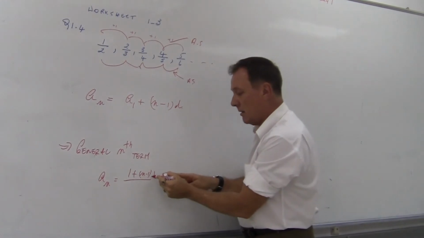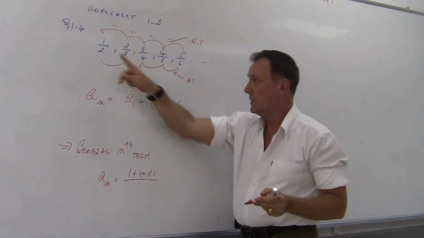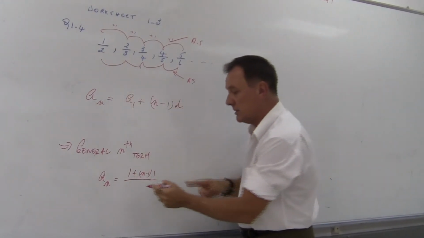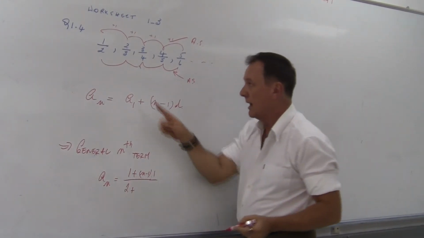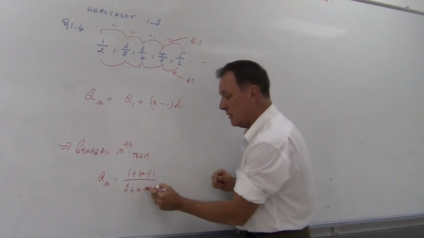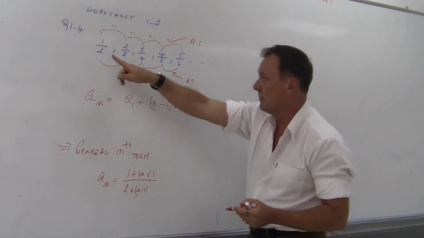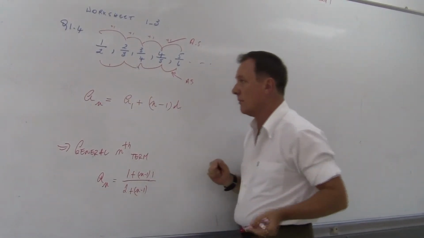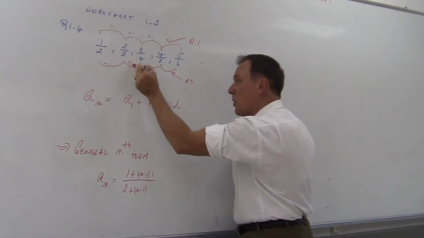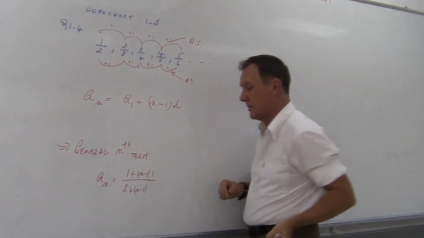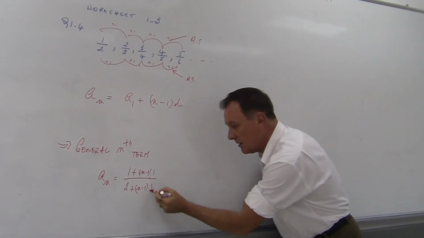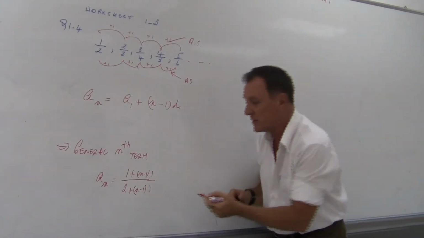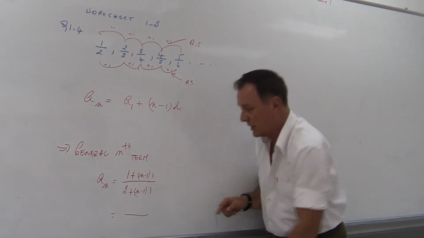Now, in the denominator, the first term is 2. And then we've got n minus 1 times the common difference. The common difference this time is 1. Plus 1, plus 1, plus 1, plus 1, etc. If I sort that out, let's see what we get.